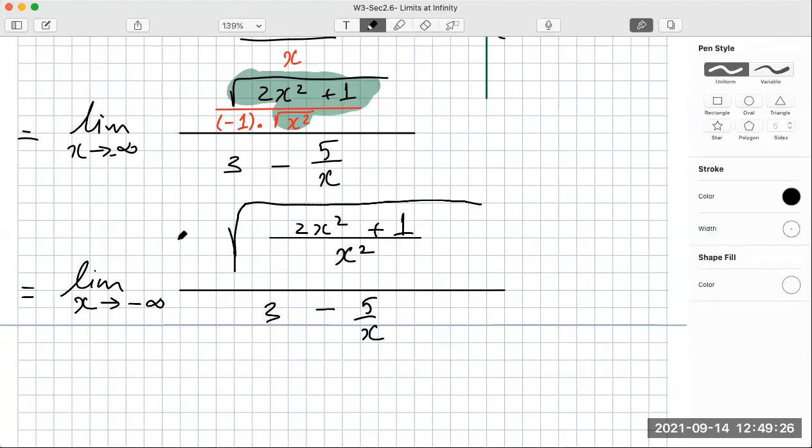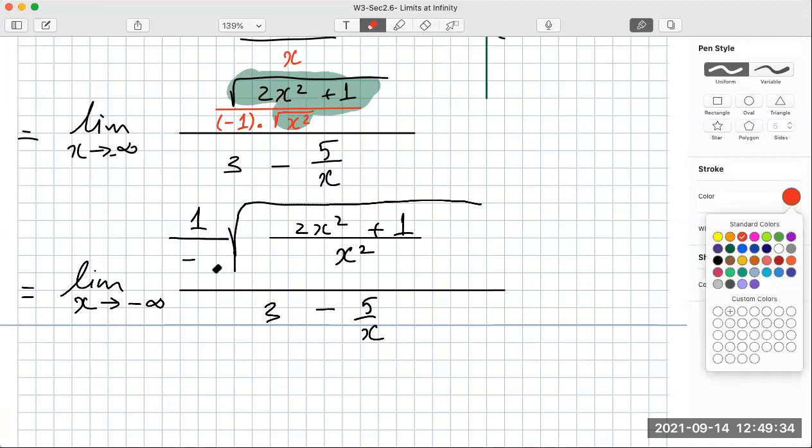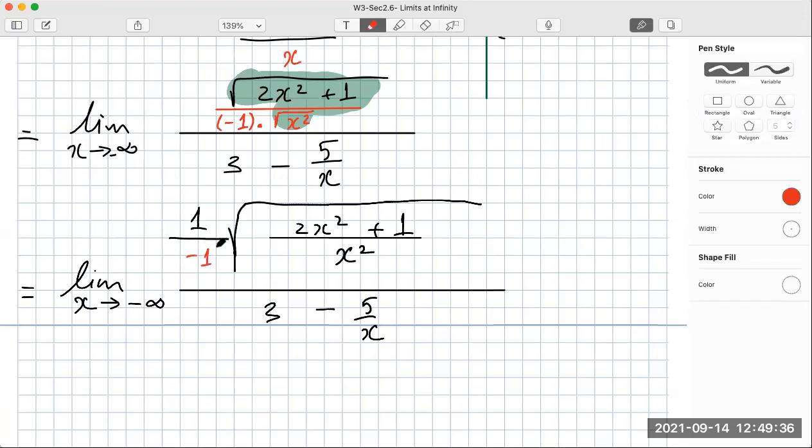Let us write it this way. It is 1 divided by -1, and they're the same thing. People in the back, do you agree with this? People on Zoom, do you all agree with this? Okay.